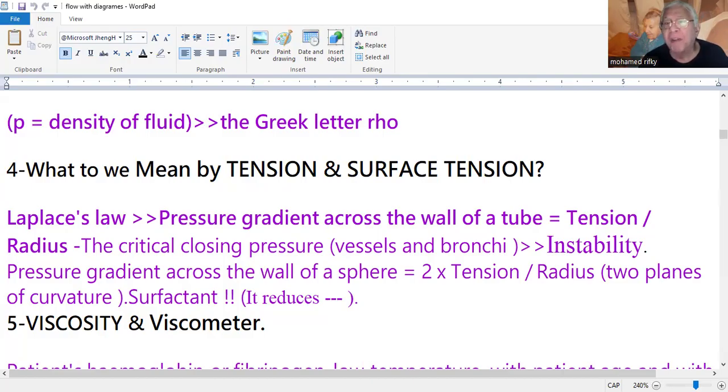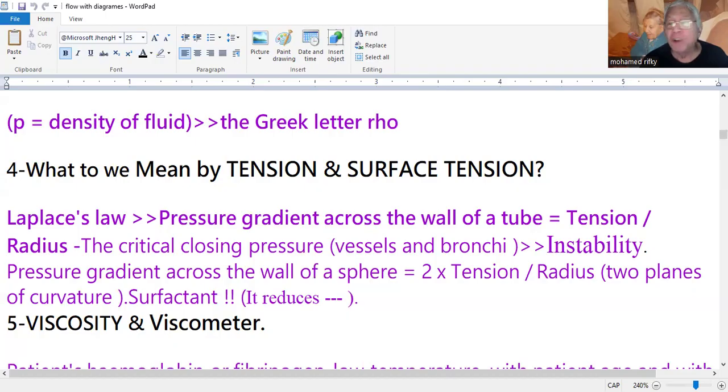Of course, it is most important to memorize that pressure across the wall of the tube means the tension over the radius. Whereas if it is a sphere, we double the tension. So we say two times tension over radius because there are two planes of curvature regarding the sphere.